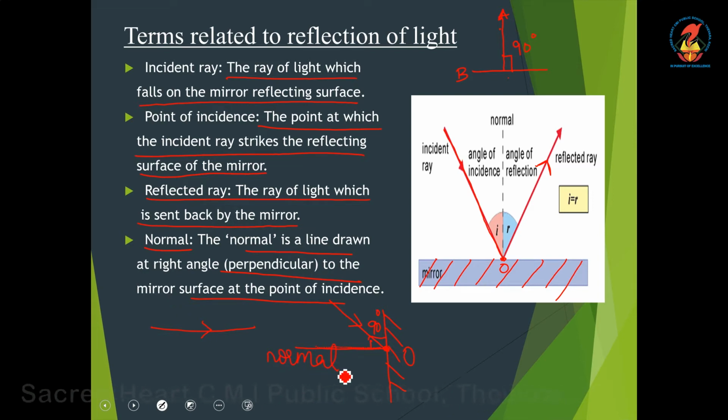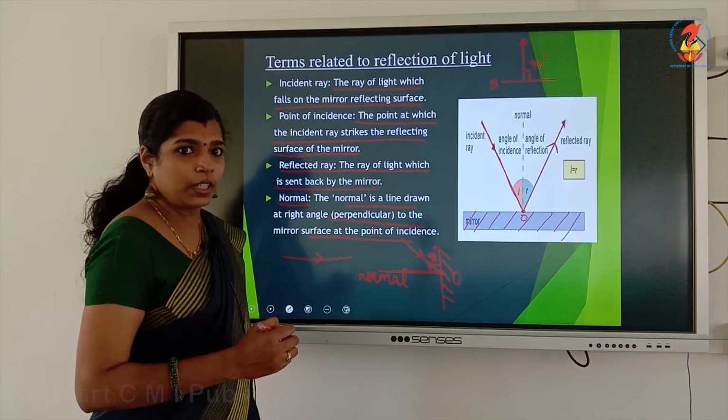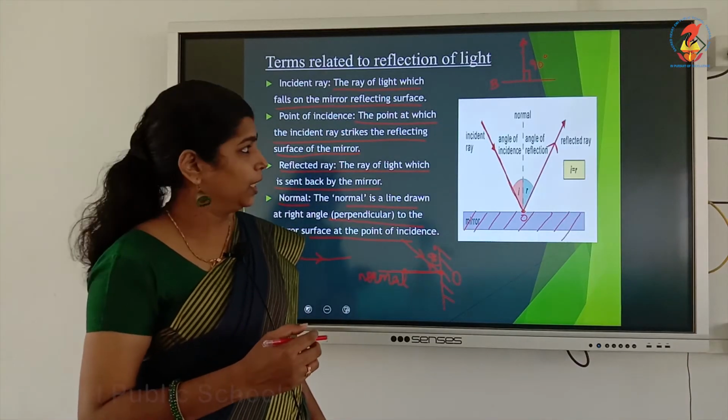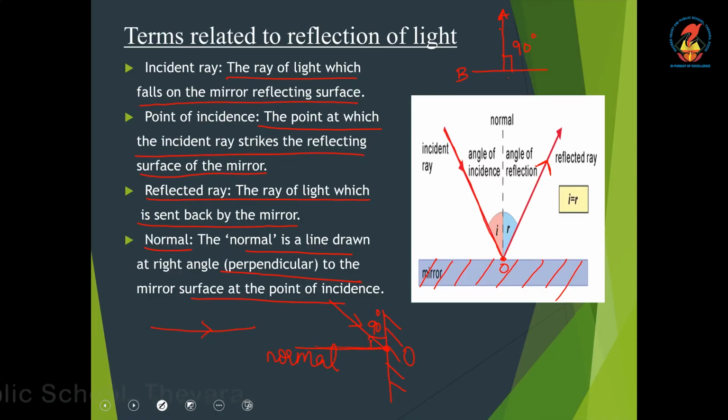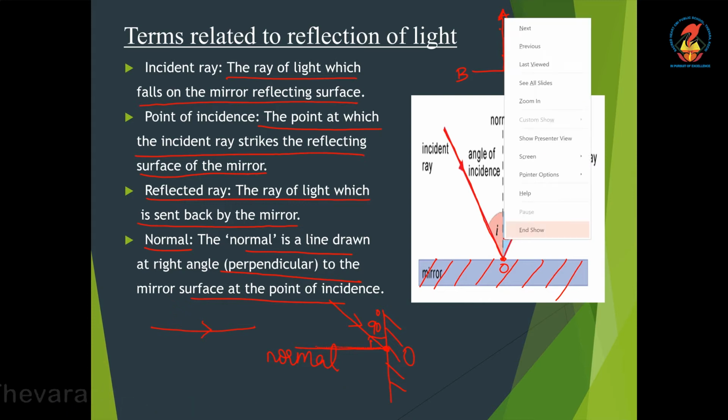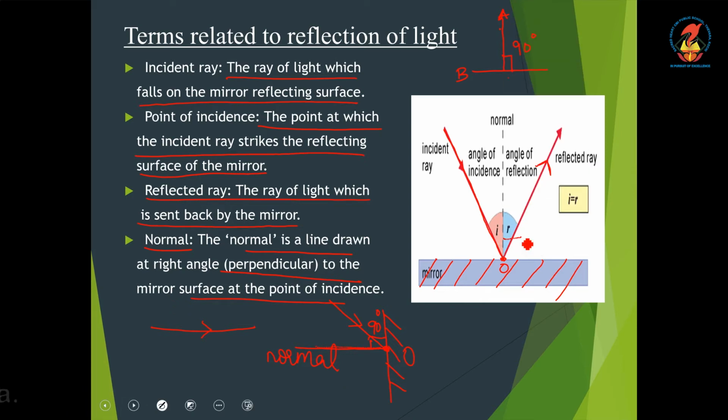This dotted line represents the normal. Here you can see the angle between the reflecting surface and the normal is 90 degrees.